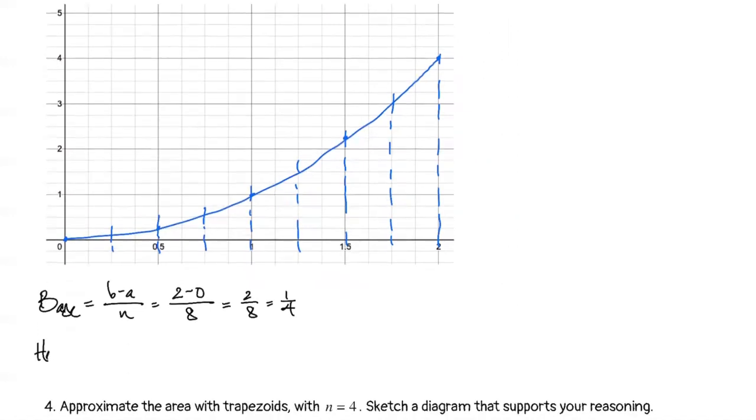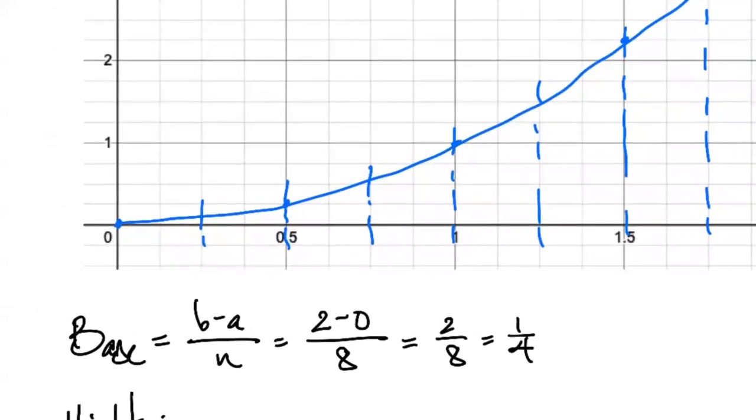Now, how would I find the heights? In particular, what is the height in function notation of the first rectangle? Let's see where this first rectangle is. It's a short rectangle, but that's okay.